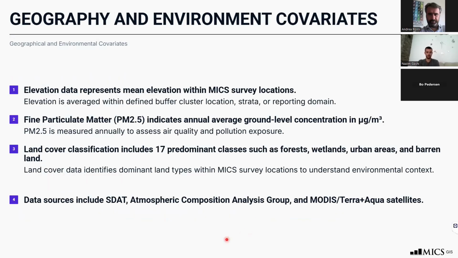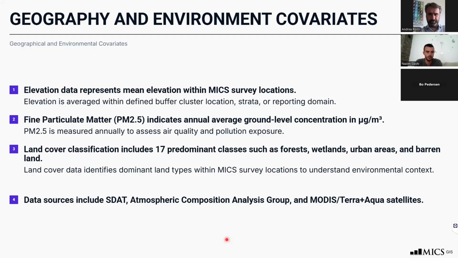On geography and environment covariates, we have three main indicators. The first one is the elevation. So we are taking the average elevation for each MICS cluster and each MICS reporting domain. So the average elevation, or the altitude above sea level, is calculated in meters.